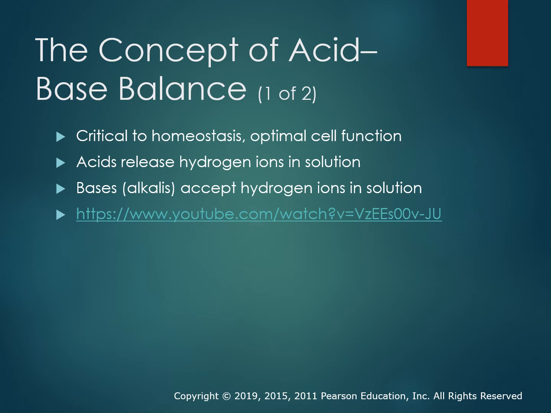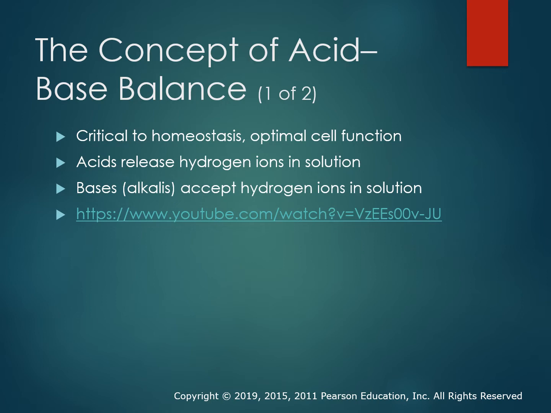The hydrogen ion concentration of a solution is measured as its pH. The relationship between the hydrogen ion concentration and pH is inverse. As hydrogen ion concentration increases, the pH falls, and the solution becomes more acidic.